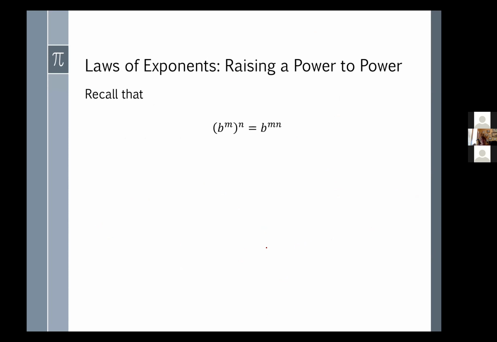I do want to review some laws of exponents, because we're going to use these laws in section 1.6. The first law of exponents is what happens when you raise a power to a power.